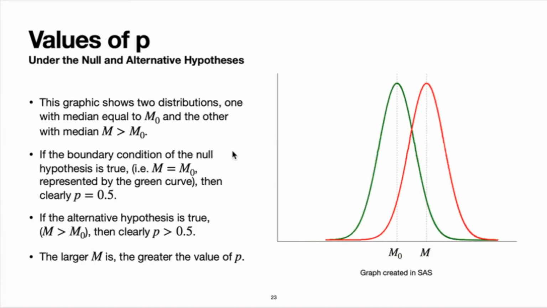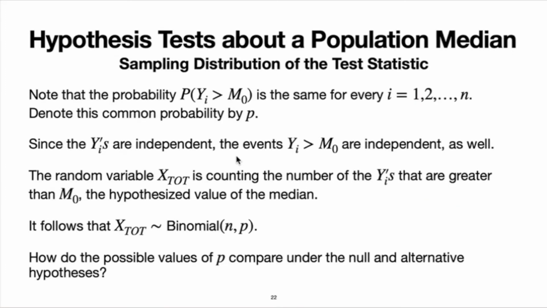So if the boundary condition of the null hypothesis is true, so that the distribution we're sampling from is actually this green curve, then what is the value of p? Remember, p is the probability that a randomly selected observation from this distribution is greater than cap M sub 0.